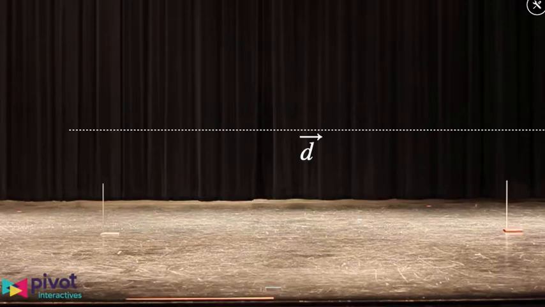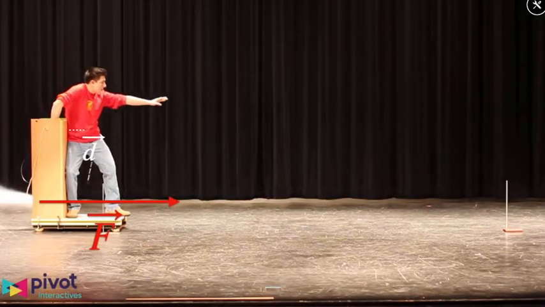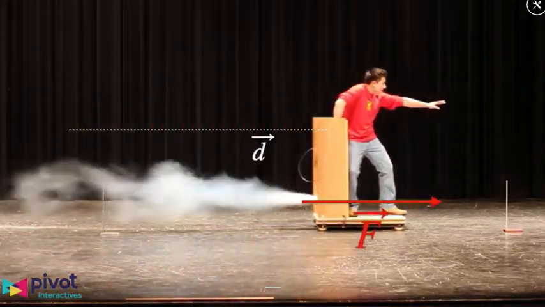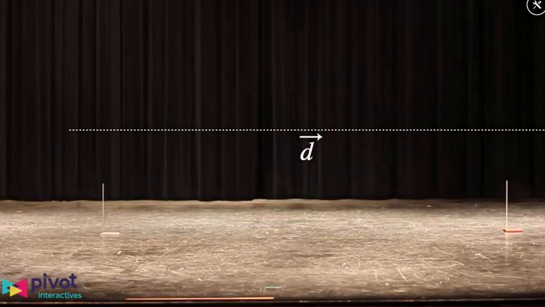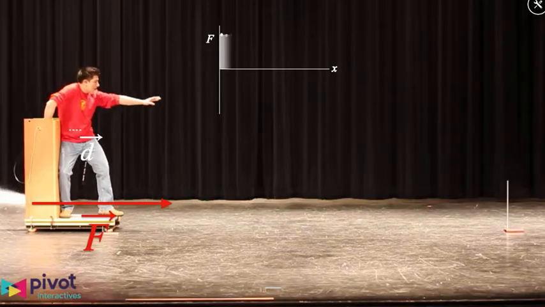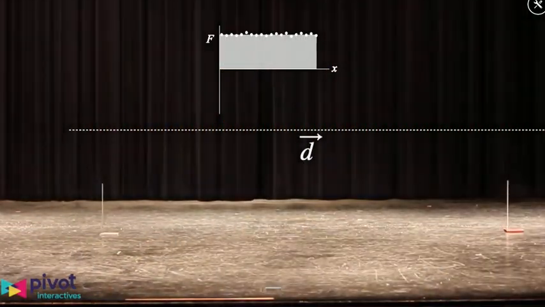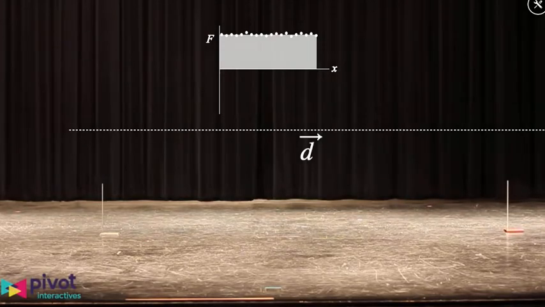Watch again. This time we'll add a graph of the force on the system versus its position. On the graph, the area under the data curve is equal to the work done.